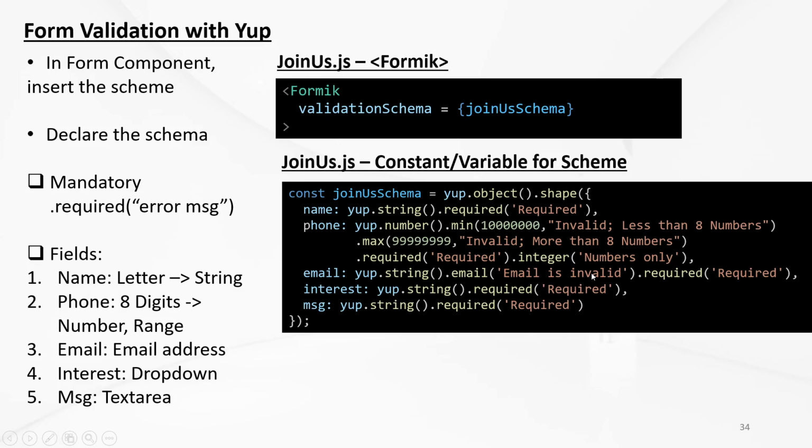We will also demo how yup helps to check whether the email is valid. That will be shown in the actual demo later. And for interest and message, nothing much, same as name.